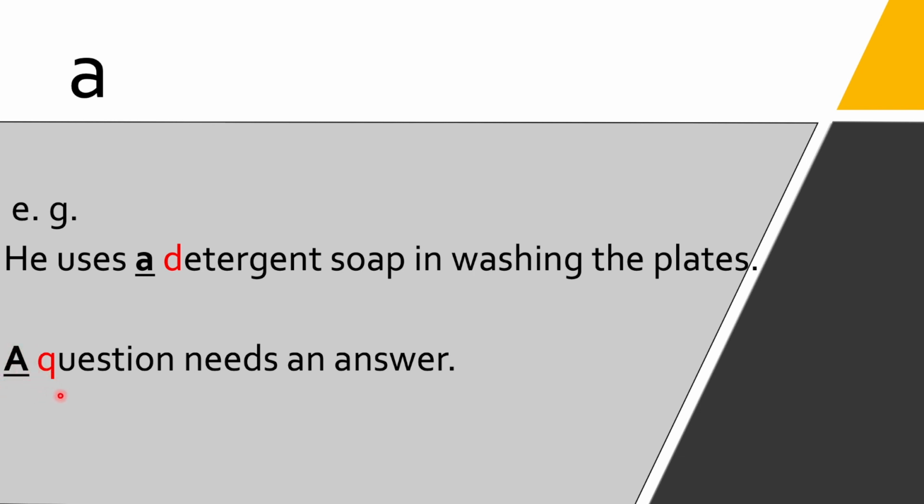Okay? Okay, and of course, they are indefinite because there's nothing exact. So, for example, in this case, he uses a detergent soap in washing the plates. So, do we know the brand, the specific detergent soap? No, we don't know. Okay, that's why it's a detergent soap. Okay, so in this case, a question.